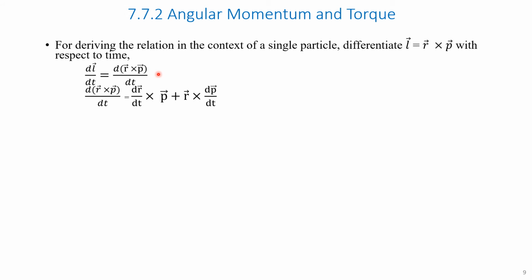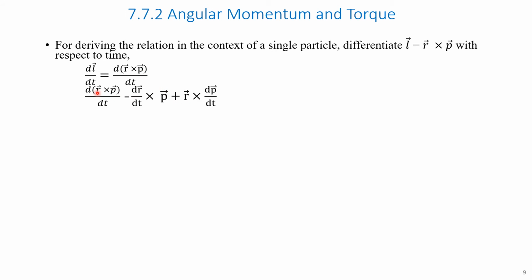So this is the differential of two vectors. From the knowledge of our calculus, we get the differential of the first term, that is dr/dt cross p, plus r cross the differential of p.